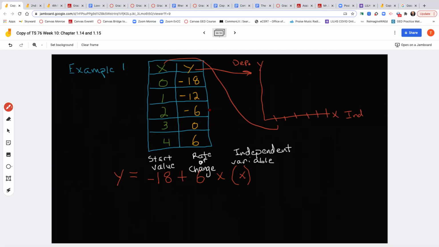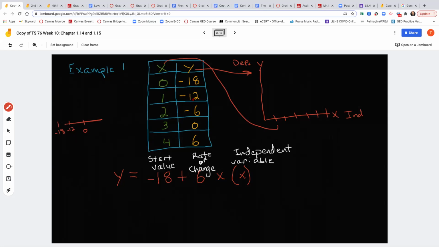So it looks like I'm adding. If I start with negative 18 and add 6 to it, remember the number line, this is 0. Negative 18 is way out here somewhere. If I add 6 to it, I get to negative 12. I'm moving closer to 0.